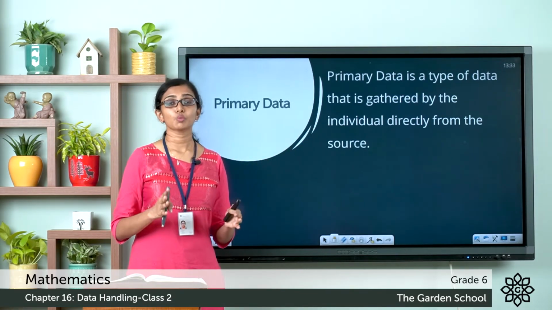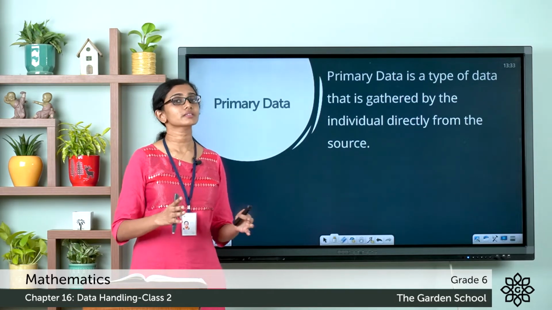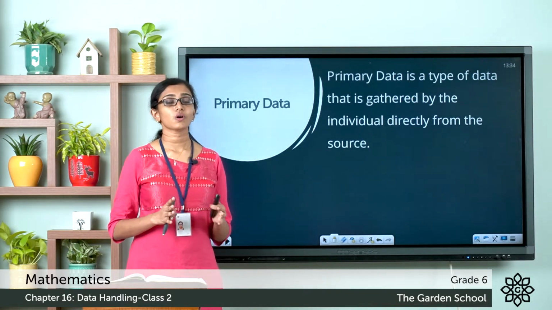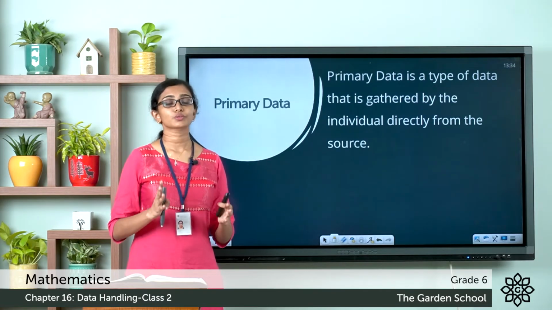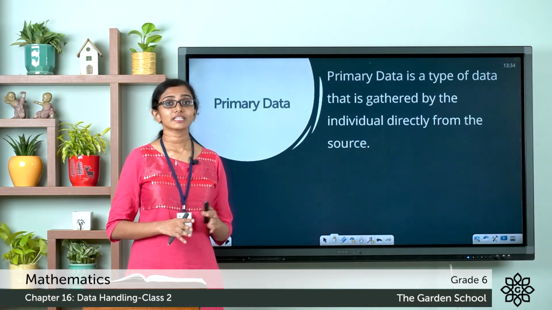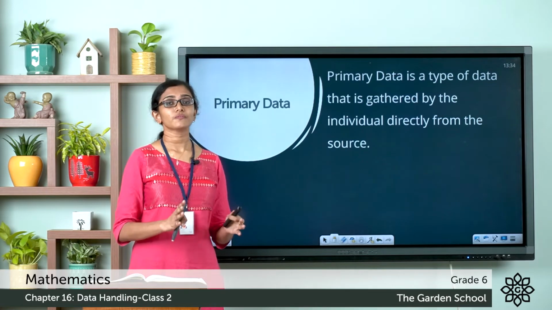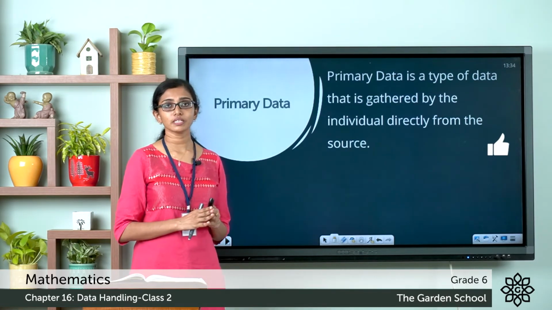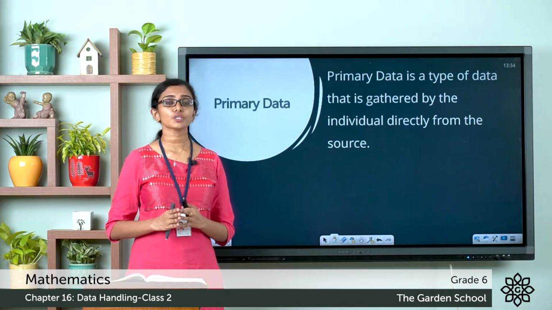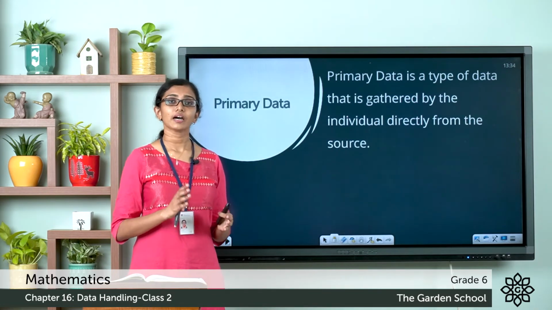Now imagine you want to know the birthdays of all your classmates. Instead of going and asking each person, you can get in touch with the school office. They might have the data already collected at the time of the admission. So instead of going and asking each person, you can get in touch with the office to get the data at once.